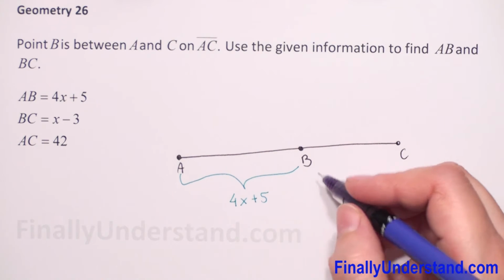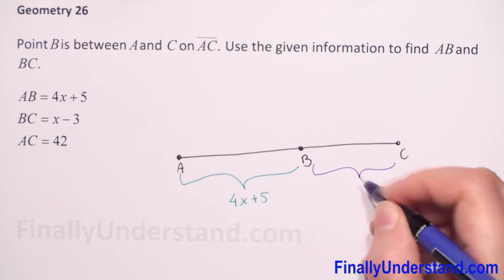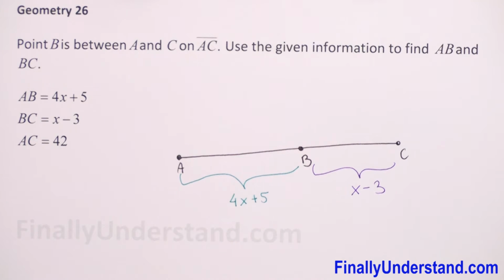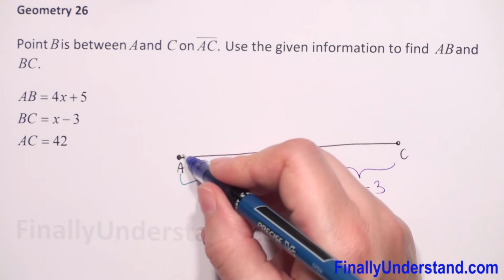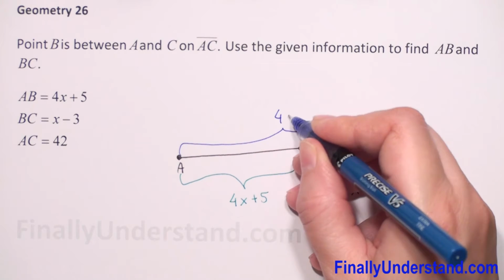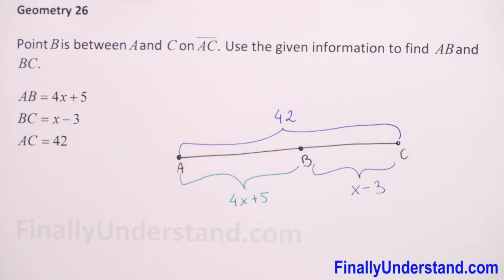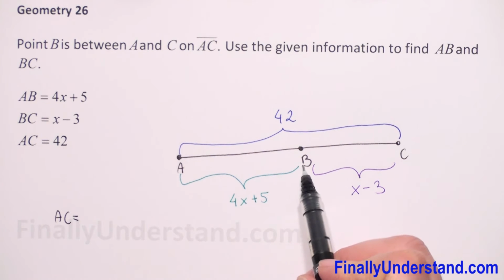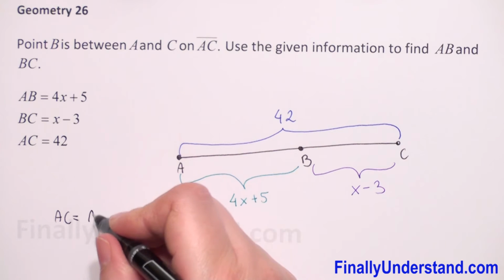The length of BC is x minus 3, and we are given that the length of AC is 42. We can write the equation that AC is equal to AB plus BC.